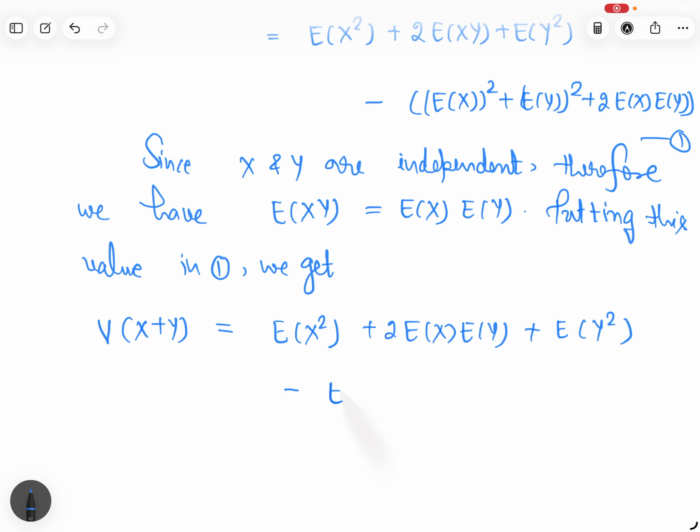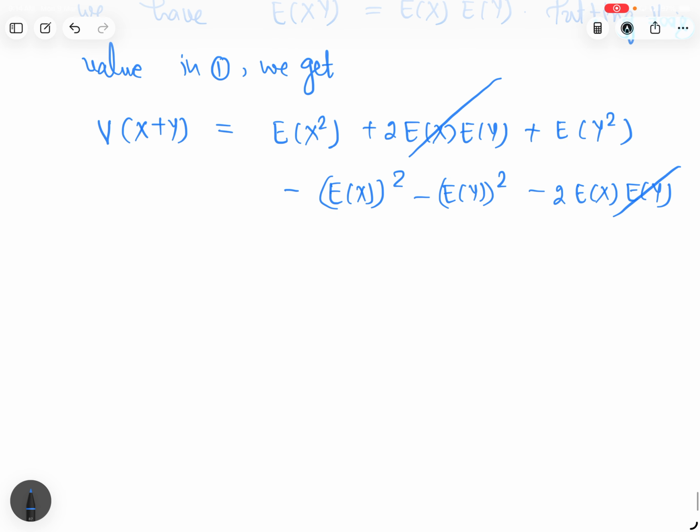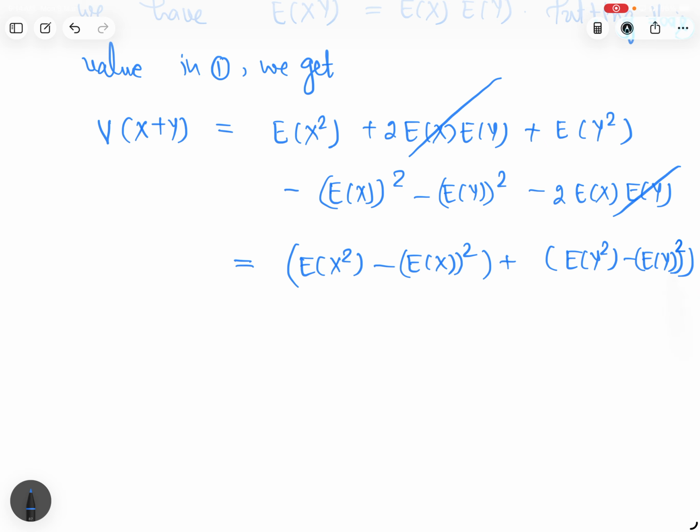So what is this? E x square minus (Ex) square you can take together with this, and E y square minus (Ey) square you can take along with this.